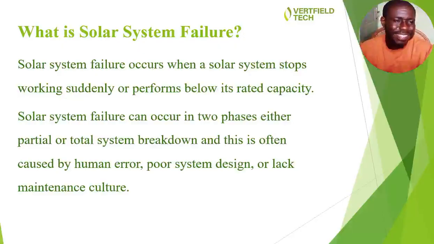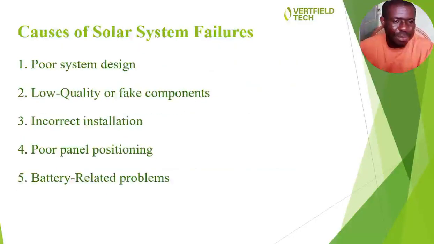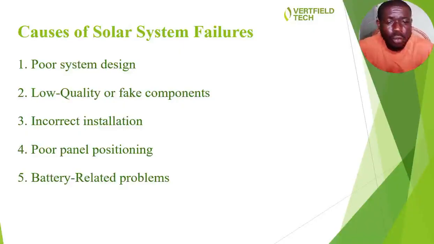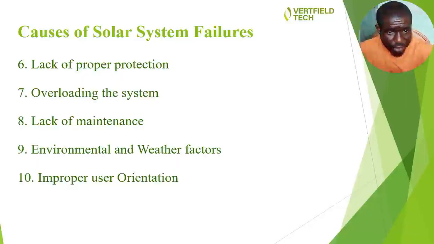All right, this is going to be very, very interesting. Come with me, please. So, causes of solar system failures. There are basic causes of solar system failures: poor system design, low quality or fake components, incorrect installation, poor panel positioning, battery-related problems, lack of proper protection, overloading the system, lack of maintenance, environmental and weather factors, and improper user orientation.